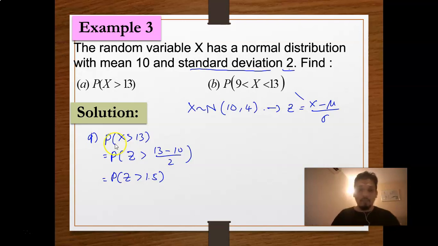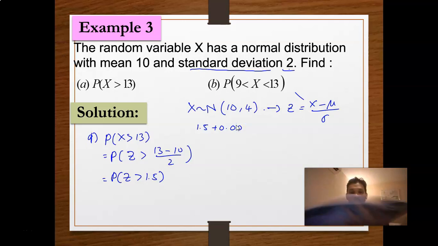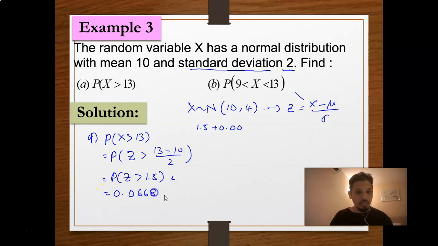For 1.5, we find 1.5 plus 0.00, which gives 0.0668. This is 0.0668.